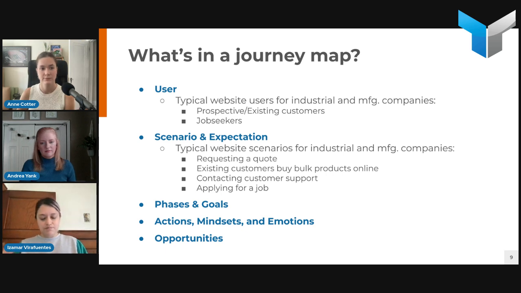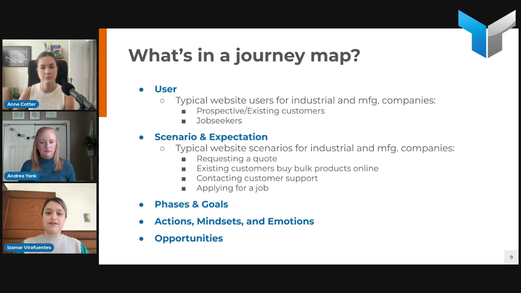So that's why I make it a little bit more general, calling it a user. Typical website users for industrial manufacturing companies are either prospective customers or existing customers, and also job seekers. And so that's pretty much where that buyer persona really comes in. You would use them as the user for this user journey map.